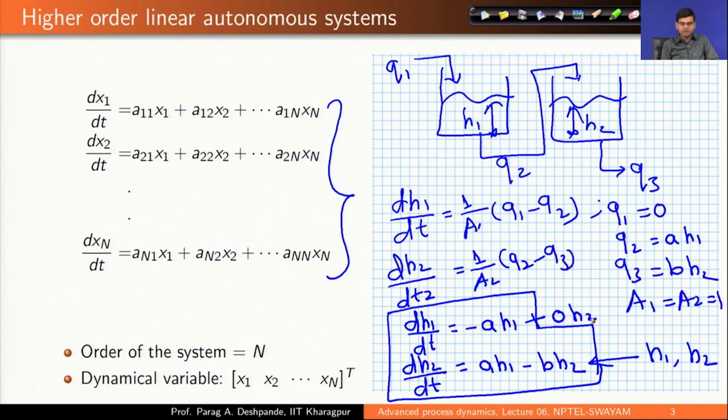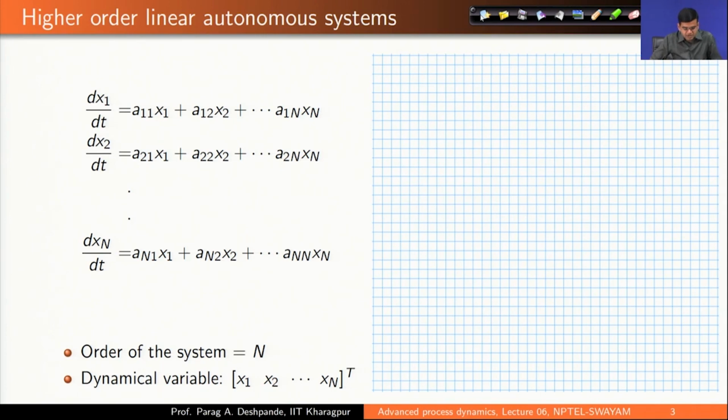will see that now you have converted the set of equations into individual equations where you have coefficients, and you have the components of your dynamical variables. Okay. So, therefore, you can write a general nth order system as a set of n first order ODEs which would be coupled, and therefore, the order of the system would be n.